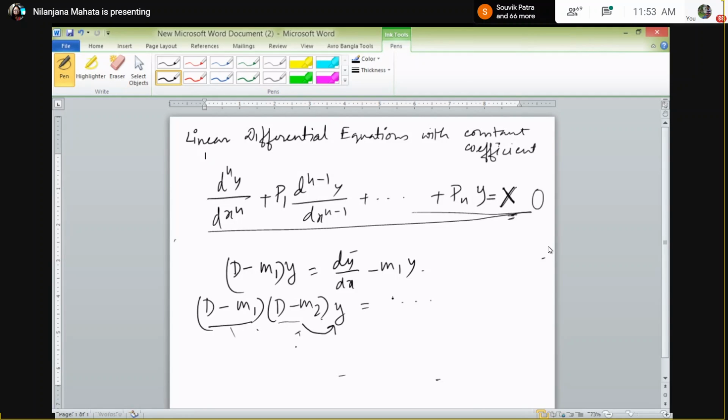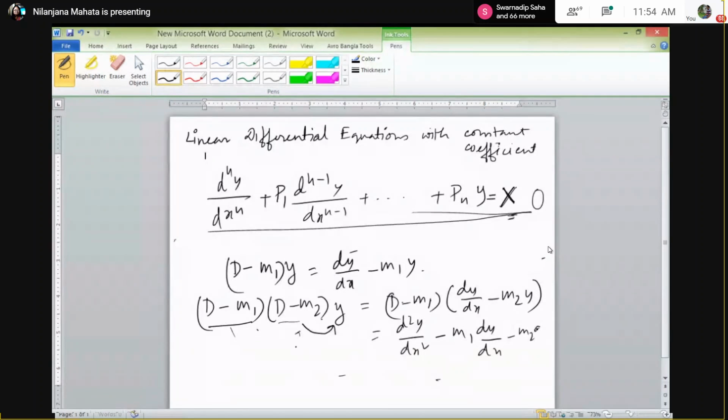This is nothing but (D minus m1)(dy/dx minus m2 y), which is d2y/dx2 minus m1 dy/dx minus m2 dy/dx plus m1 m2 y.